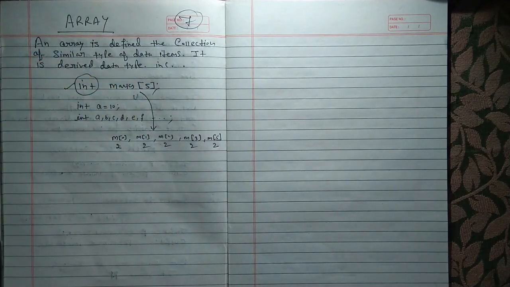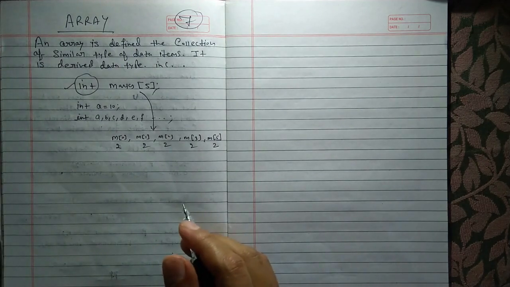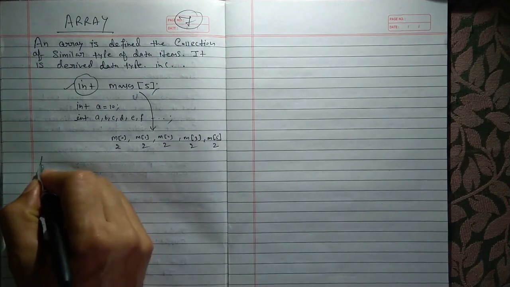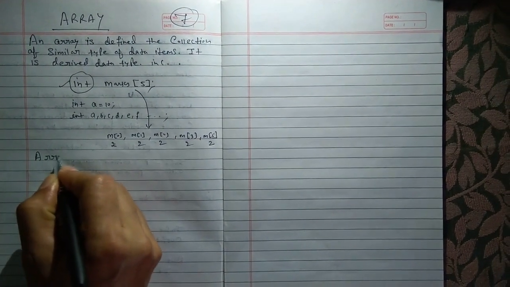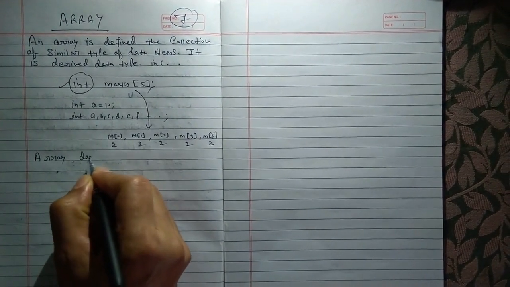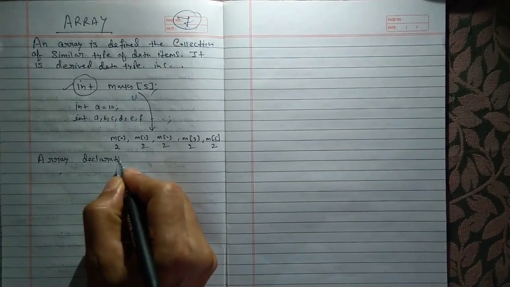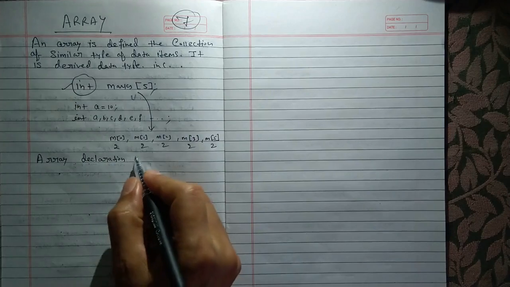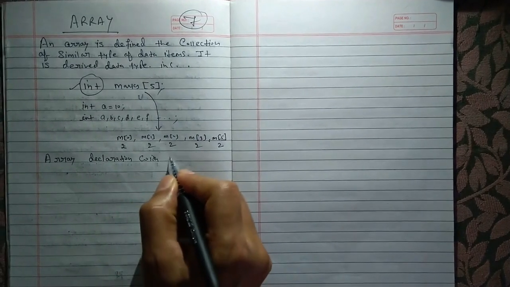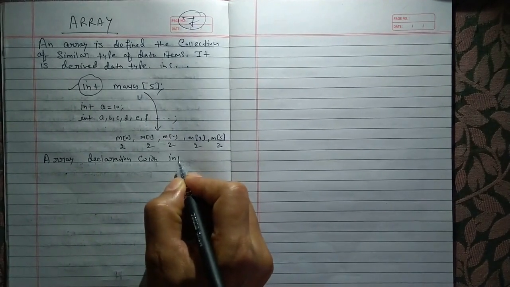So that is an array. Now there are two important things. One is array declaration with initialization. Array declaration you must also write with initialization.